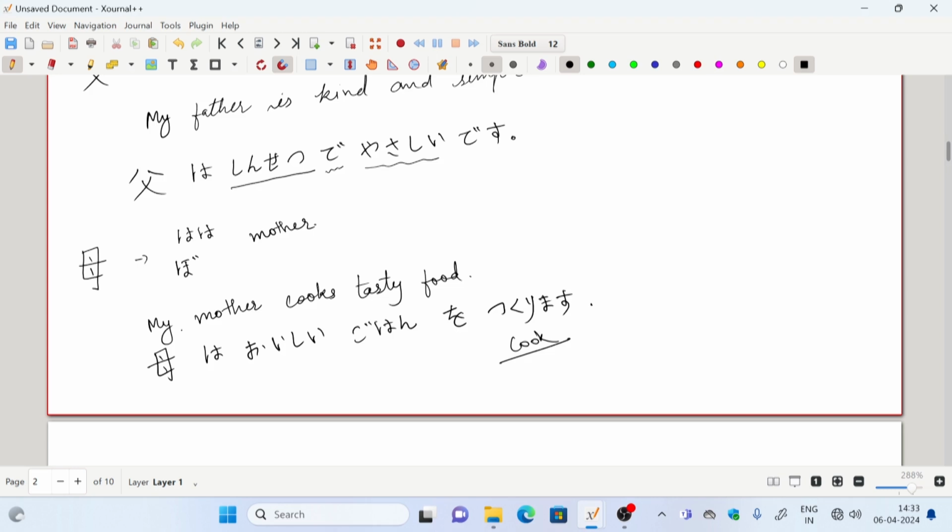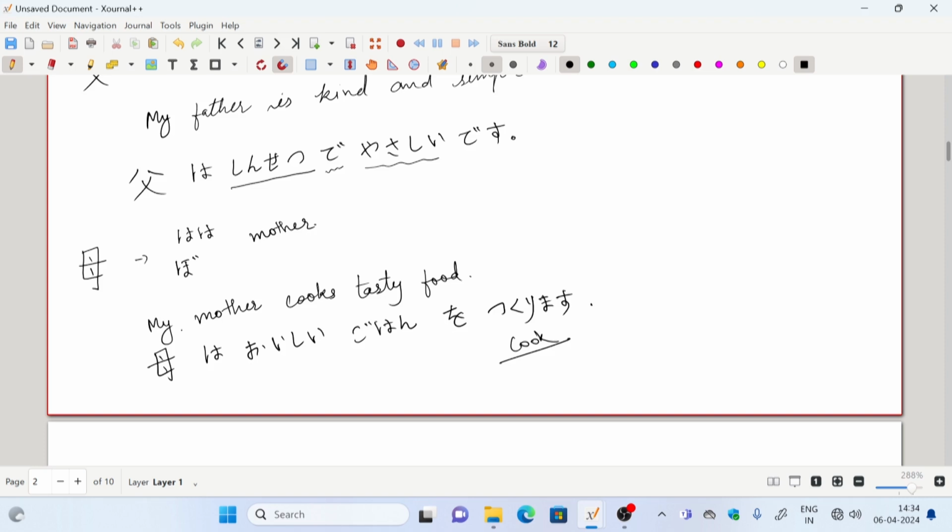Gohan has two meanings. It is used in two ways. First is for rice and second is for food. Gohan is the rice Japanese eat in a bowl. Suppose you order some rice in a restaurant, you ask, can I have some rice? Rice in Japan means it should be served on a plate and not in a bowl. If it is served in a bowl, it is gohan.